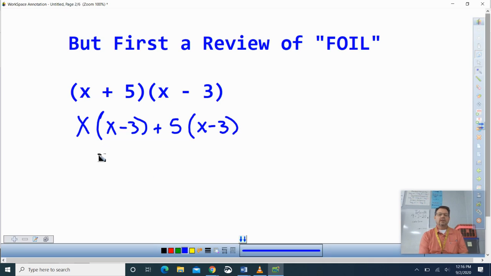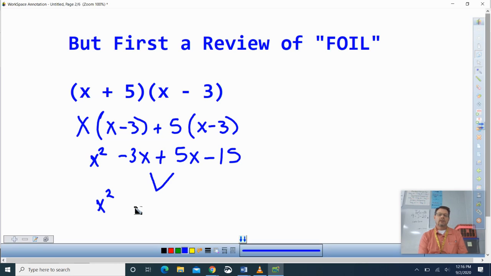That's going to give us x squared minus 3x plus 5x minus 15. Notice the two middle terms are like terms. What we're going to do with those is add them. That's going to give us x squared plus 2x minus 15.